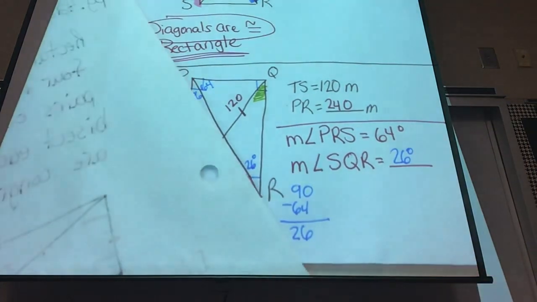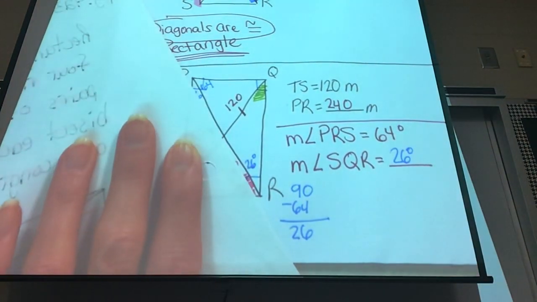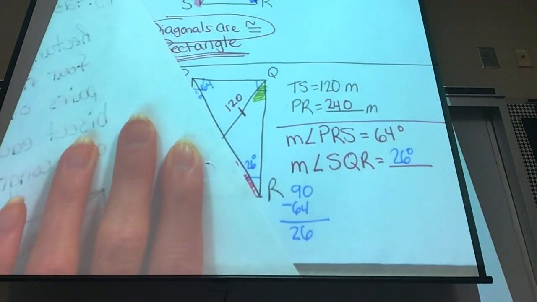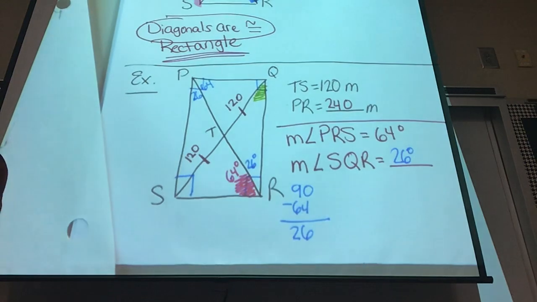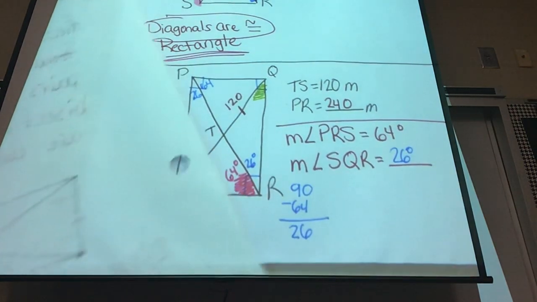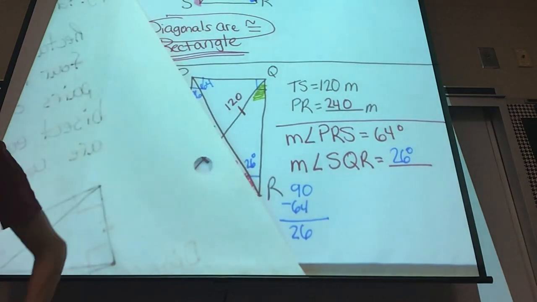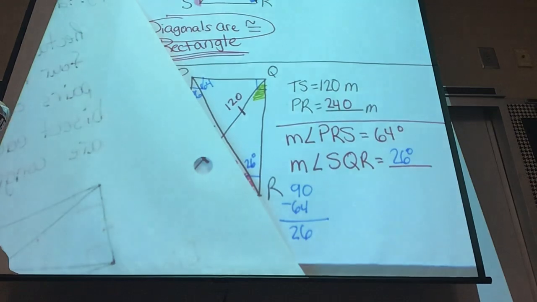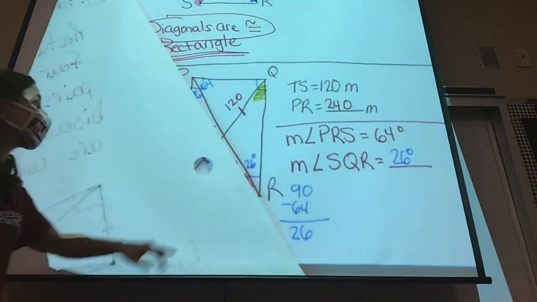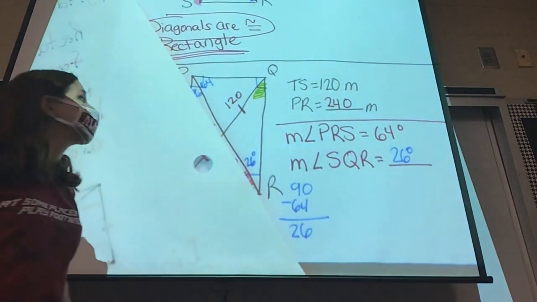So now, I've got this angle over here. So, all I gotta do is finish filling in the rest of it. So again, look at what you got. This has got to be 90.